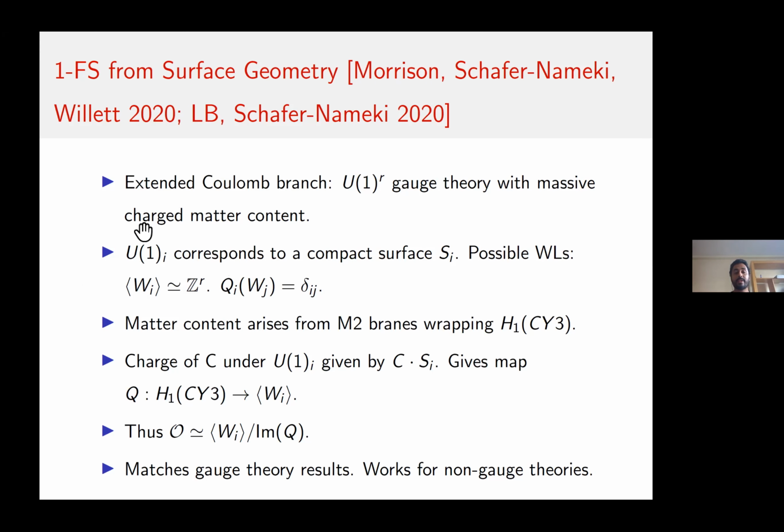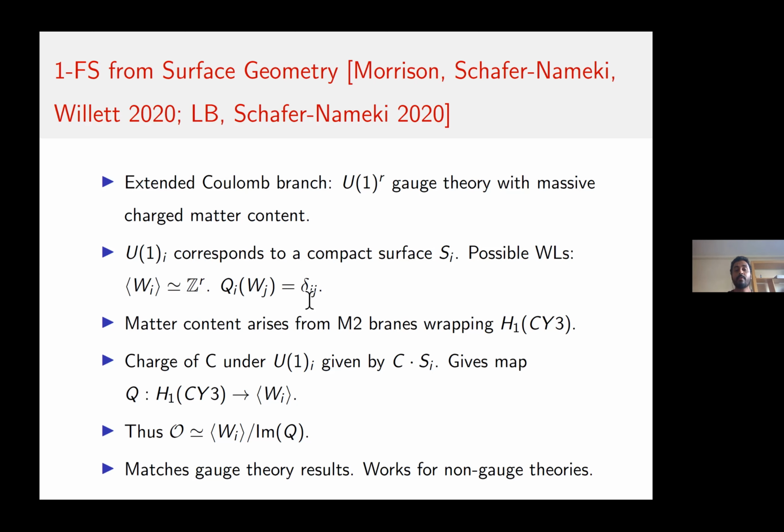And for each U(1)_i, we have a Wilson line. So we have a set of Wilson lines, which is R copies of the integer lattice. And these Wilson lines have the property that the U(1)_i charge of a Wilson line W_j is 0, while the U(1)_i charge of W_i is 1. So this is how we are normalizing the charges.